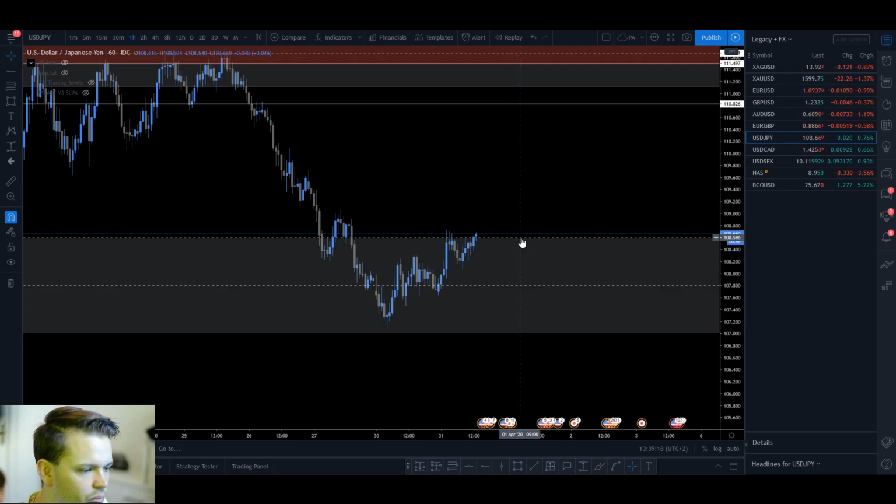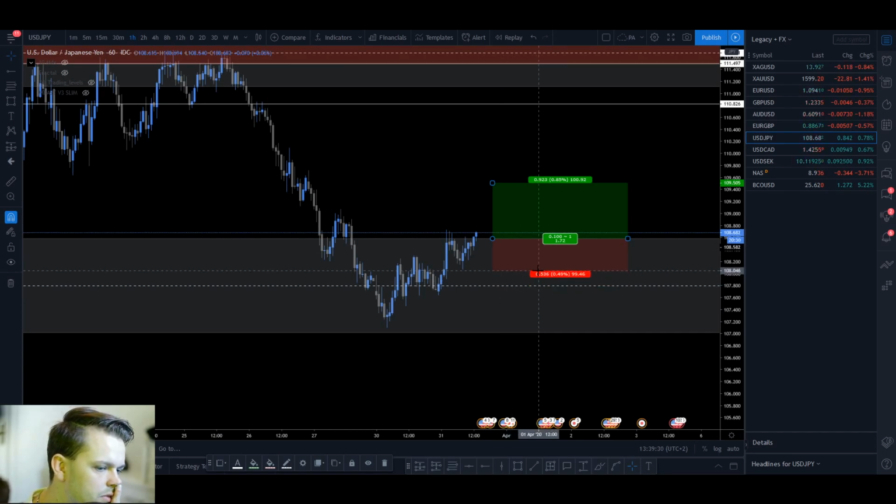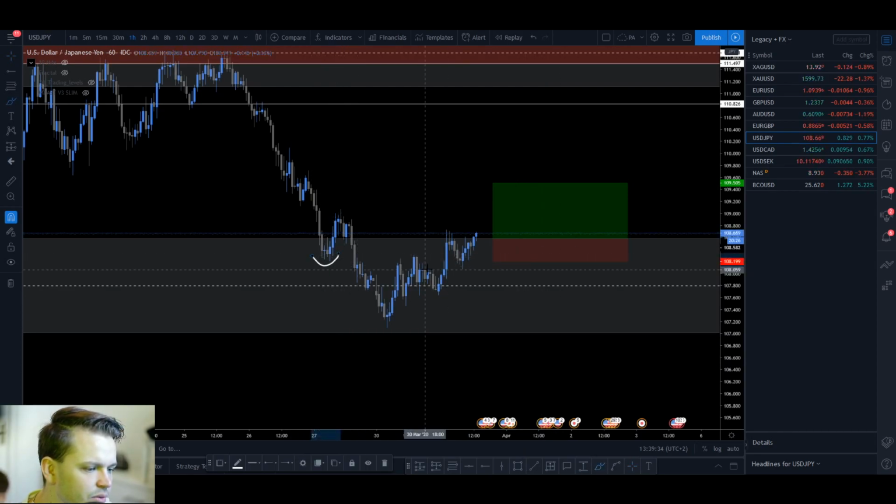So what are we looking for in terms of a setup here? Well, I think this would be interesting. Stops somewhere. Either use this low or this low.